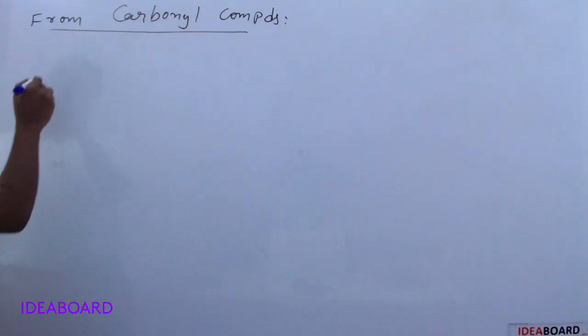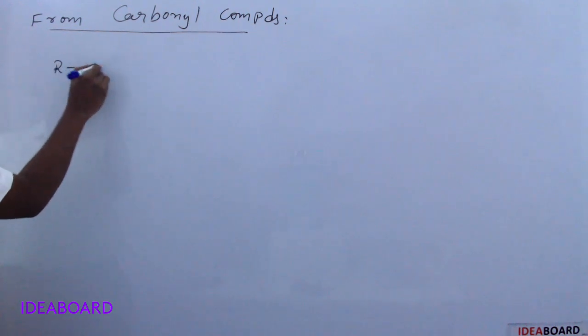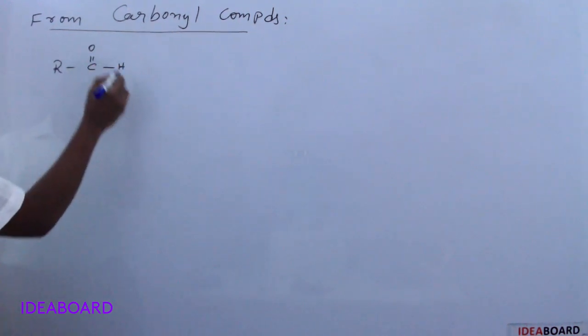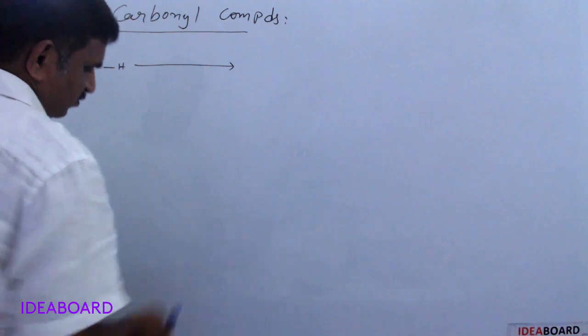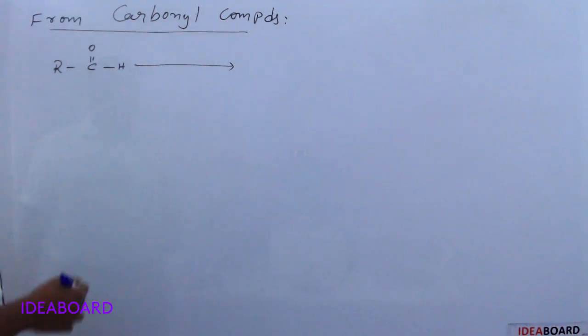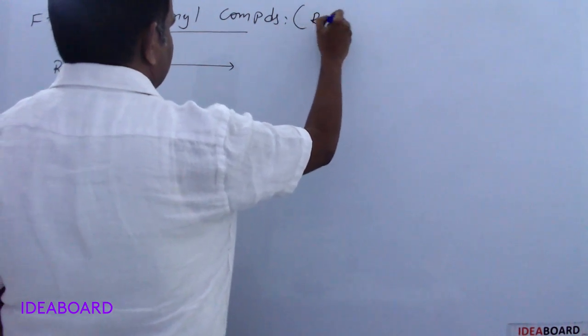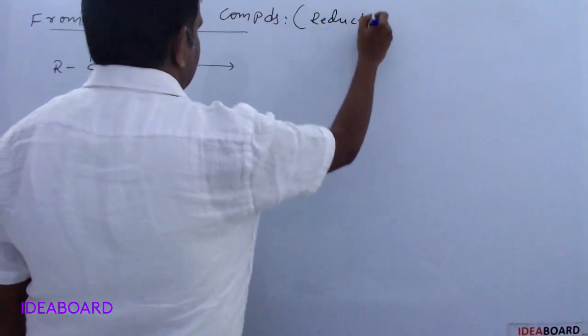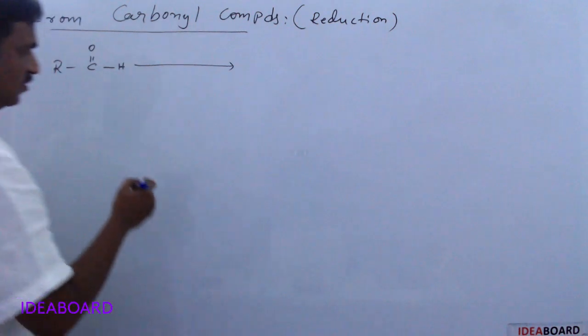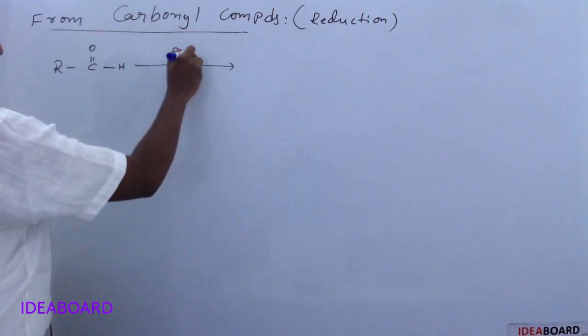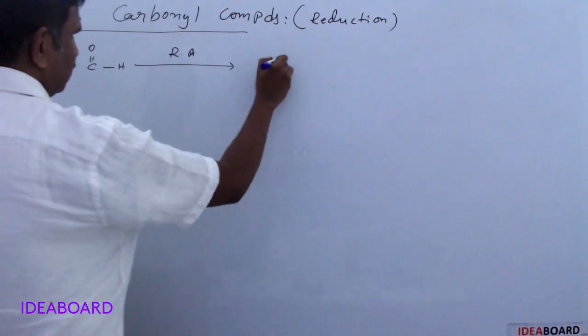Suppose you are taking RC double bond O, this mainly undergoes reduction to give the alcohols. So the reduction method is followed. By the reduction method, we can get this, and the reducing agent is used here to get the alcohol.